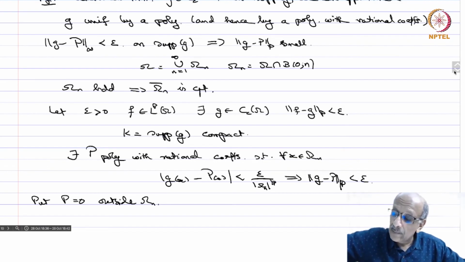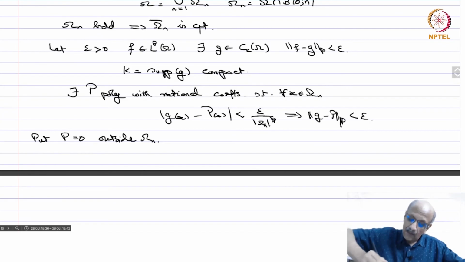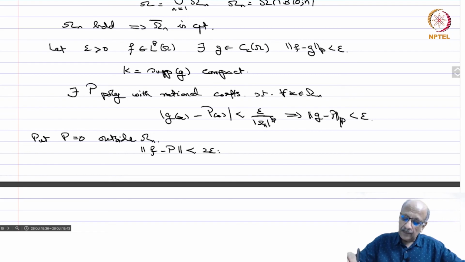Because outside Omega_n everything is 0 and inside it is less than epsilon, so just the measure will get multiplied. Therefore you have the norm of f minus P is less than 2 epsilon. So you can always find a polynomial with rational coefficients on a compact set such that this holds.